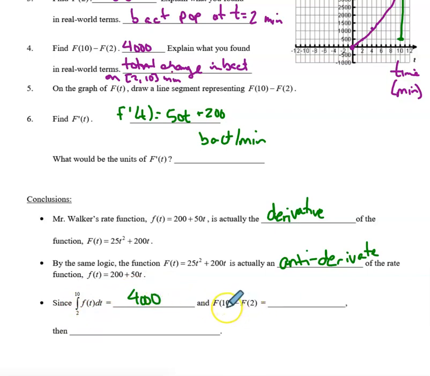And we also know that the total change on big F from 2 to 10 is 4,000. So that means that we can set equal the integral of the rate function from 2 to 10 equal to the total change on the antiderivative function, the position function, also from 2 to 10.